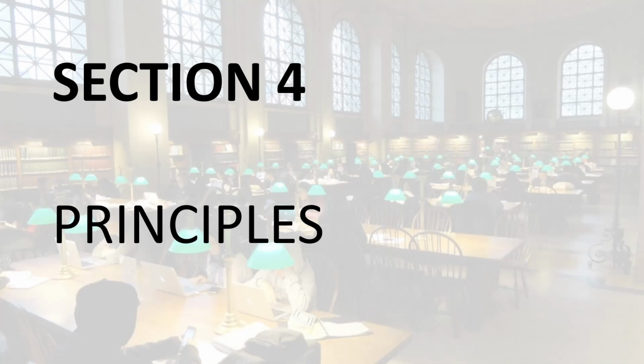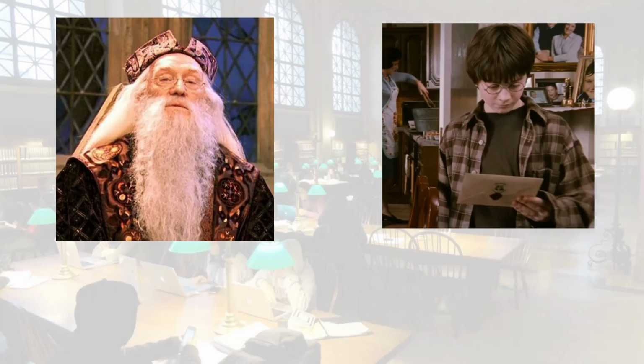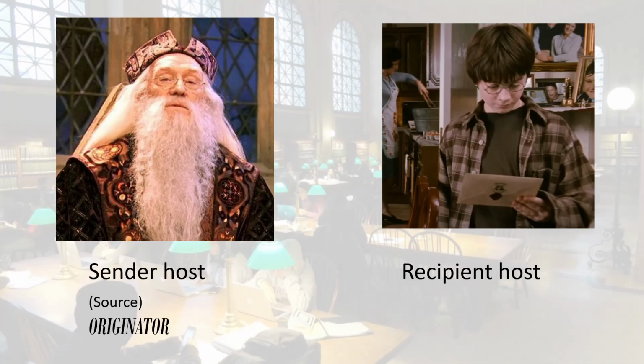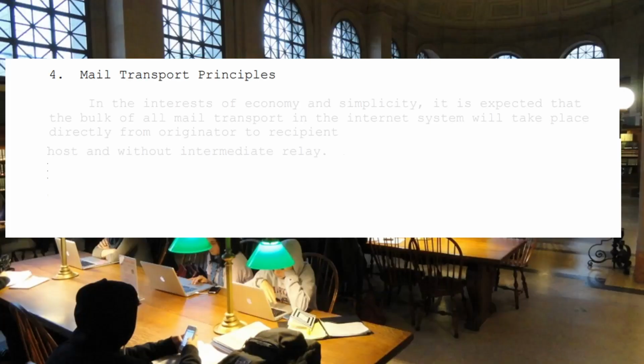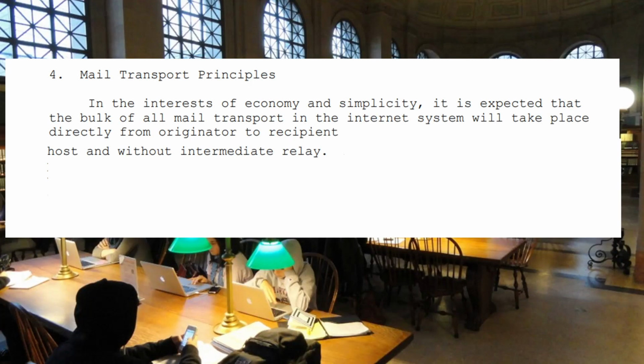Section 4, Principles. So remember this distinction between sender and sender host and recipient host. We might call the sender the source or the originator. In the interests of economy and simplicity, it's expected that the bulk of all mail transport will take place directly from originator to recipient host. There won't be any relay.